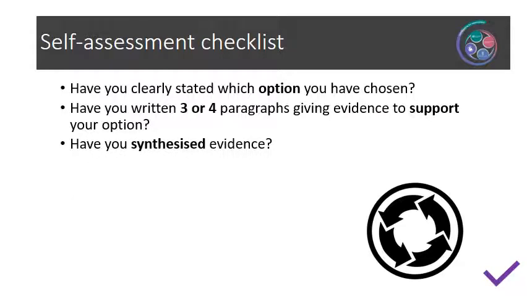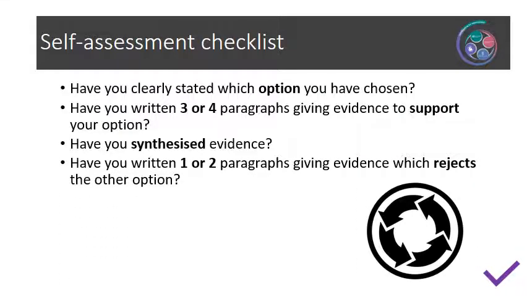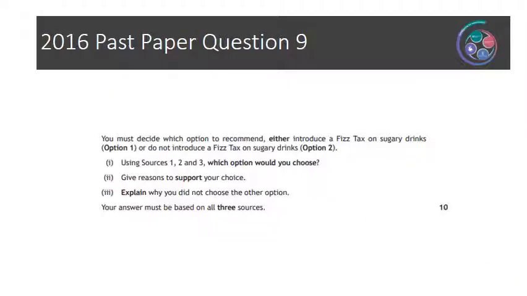Remember, synthesis is combining 2 pieces of evidence which link together well. And have you written between 1 and 2 paragraphs giving evidence which rejects the other option? And a little bit like conclusions questions previously looked at, have you used all 3 sources? Use that checklist as you are completing options questions throughout your studies of National 5 Modern Studies.